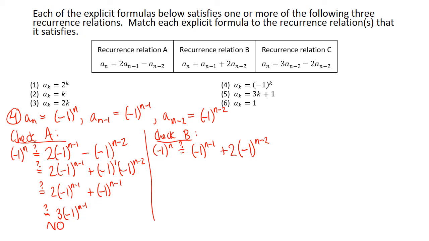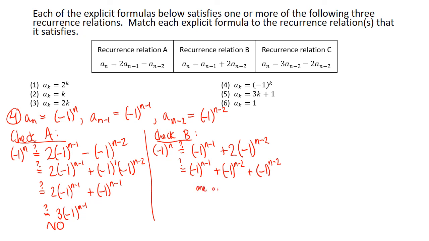But what you can actually do here on the right is you can split this 2 coefficient up like this, so you can have one copy of -1 to the n minus 2 and then another copy of it.